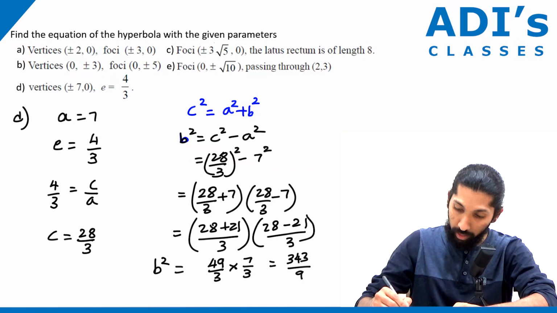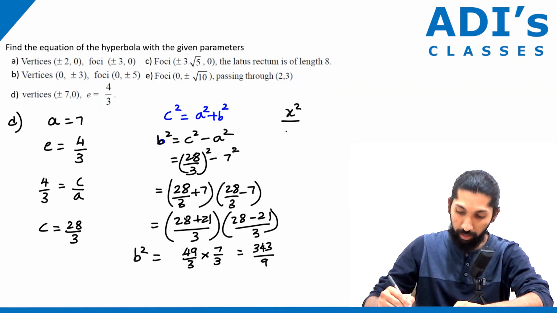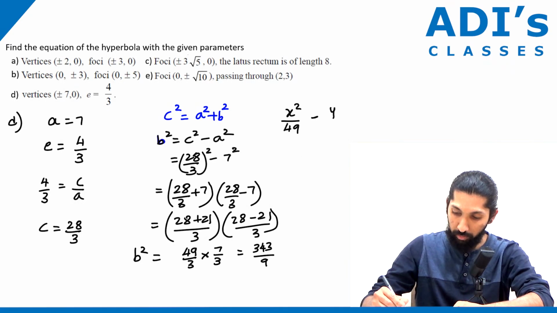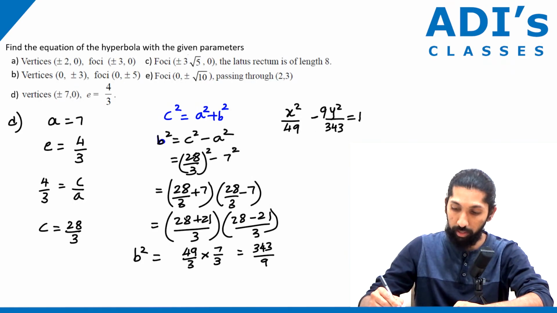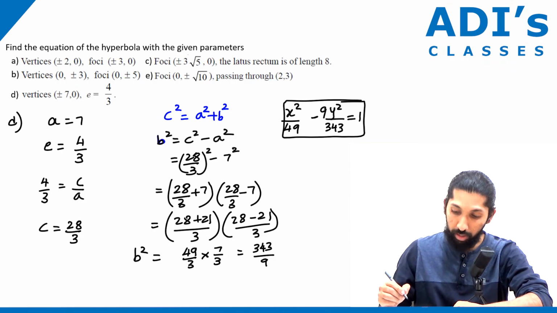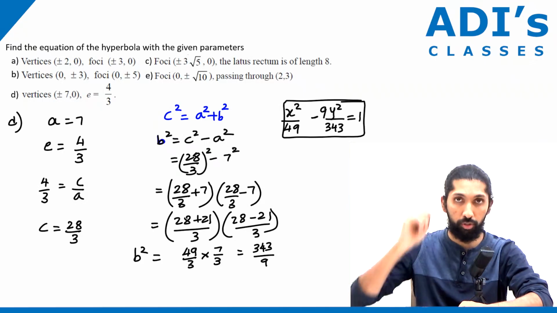So x square divided by a square, a value is 7. So x square by 49 minus y square divided by 343 by 9. So the 9 goes to numerator, is equal to 1. This becomes the equation of the hyperbola. So this is the answer for the fourth question.